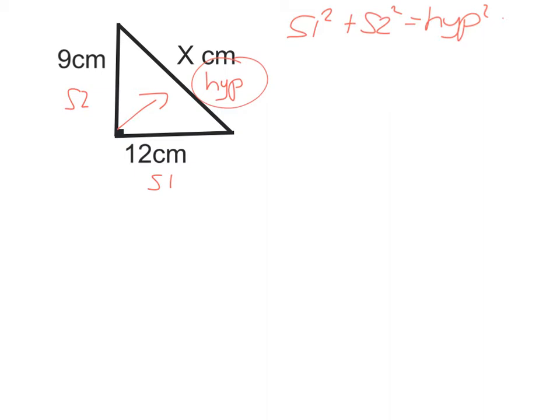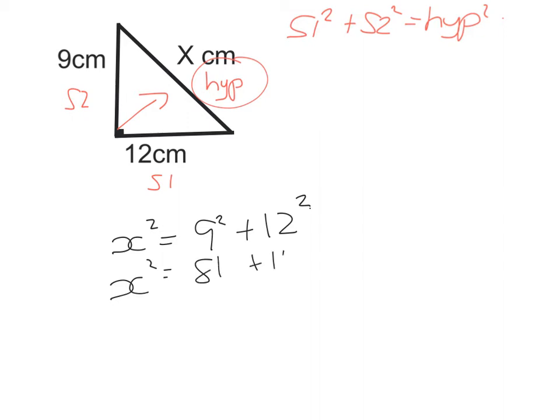So what you basically have here is x squared is equal to 9 squared plus 12 squared. Now, again, remember, you are squaring them before you add them. So that's giving you x squared equals 225. Square root that.